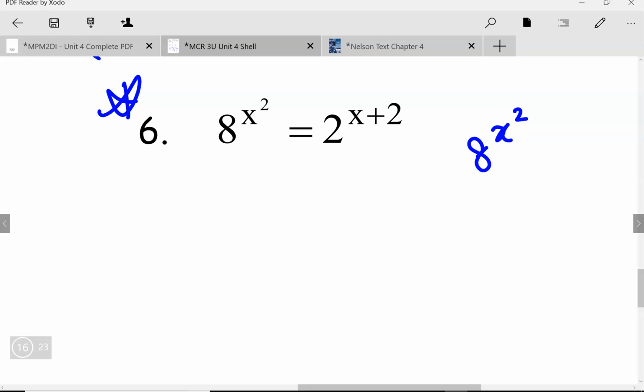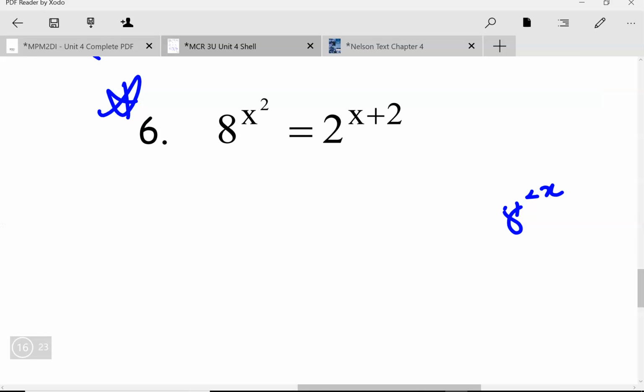It's not 8 to the power of x, to the power of 2. Because that would just be 8 to the power of 2x. If we wanted 8 to the power of 2x, we would have given you 8 to the power of 2x. This is 8 to the power of x squared, which is slightly different than 8 to the power of x, squared, right? Because x squared is not always 2x. So hopefully we see the difference between these two things.